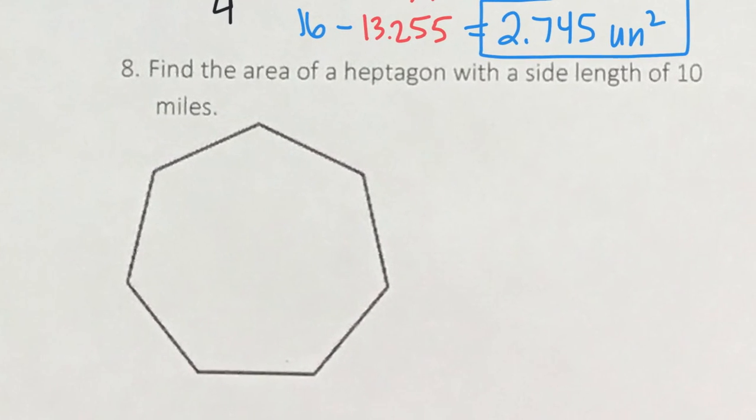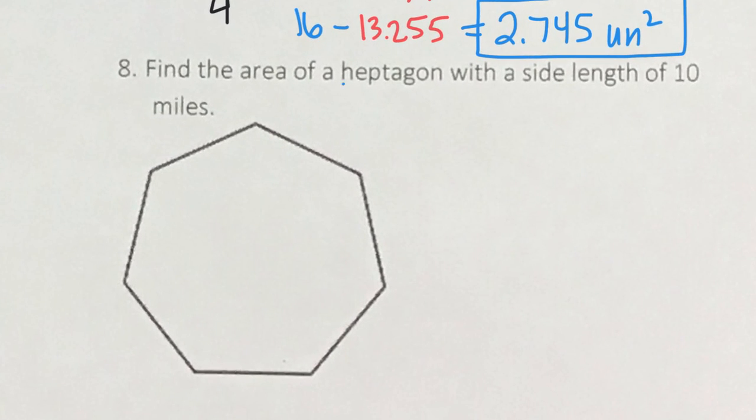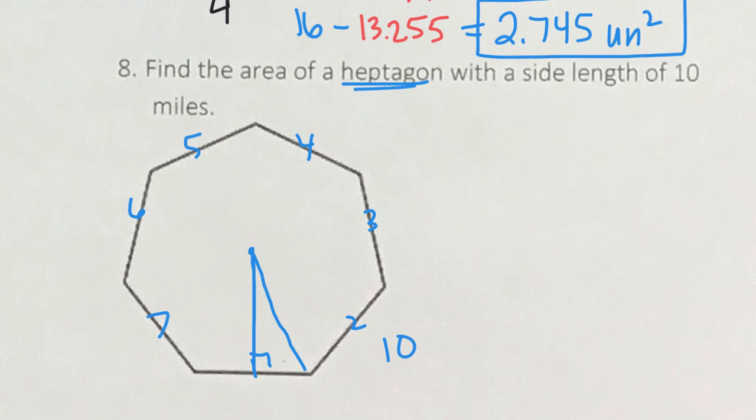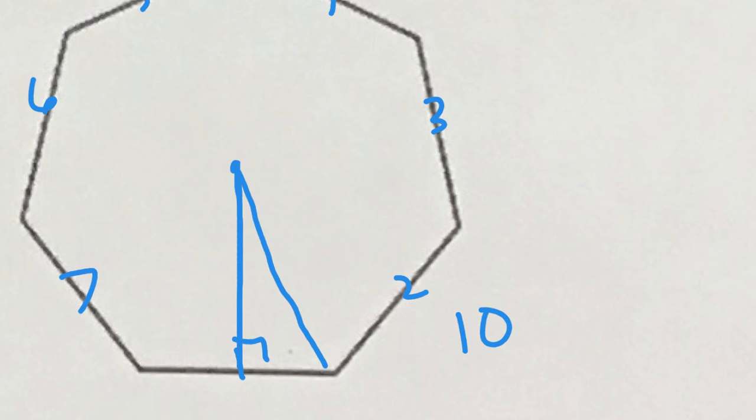Okay, number 8, find the area of a heptagon. So how many sides does a heptagon have? 7. We can count it: 1, 2, 3, 4, 5, 6, 7. 180 divided by 7. So let's draw in your apothem. Here's your apothem. And we know the side is 10. So for our right triangle here, we're going to have a side of 5.